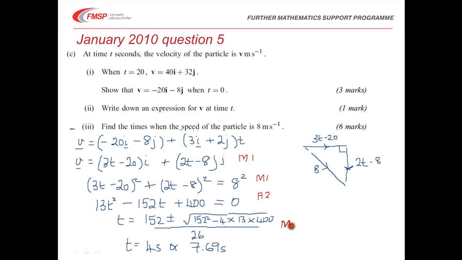A method mark for using your quadratic formula, and then an accuracy mark for getting your 2 times. So 14 marks in total for the question.